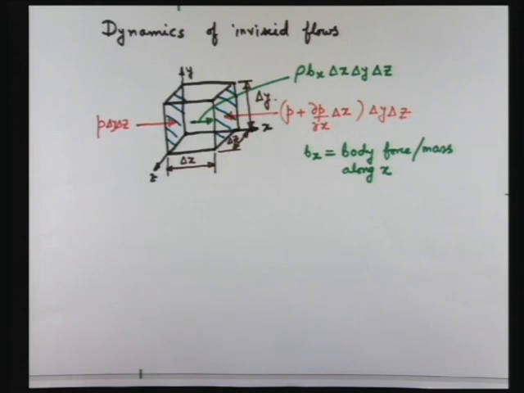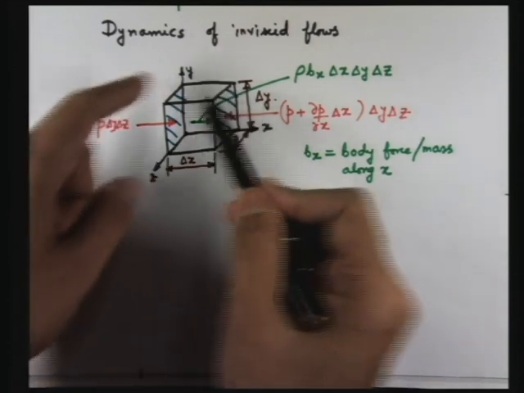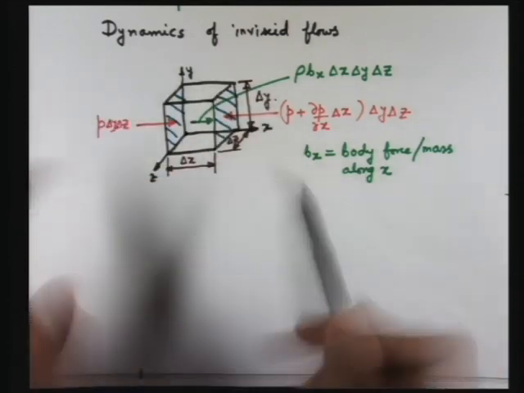This is body force along x. Body force has 3 components. We are writing different components of equation of motion. As I have already mentioned, we are showing the forces only along x direction in this figure.